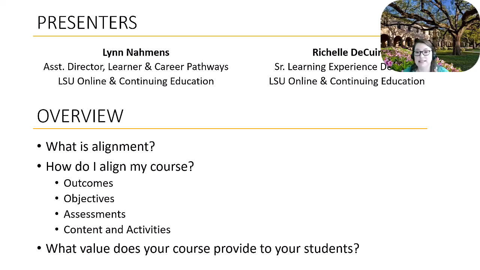Now, I recognize that some of you who are watching may have had a lot of experience designing and developing online courses. So you may hear some things that are familiar to you, but you may also hear some new strategies and some new methods that you can incorporate.